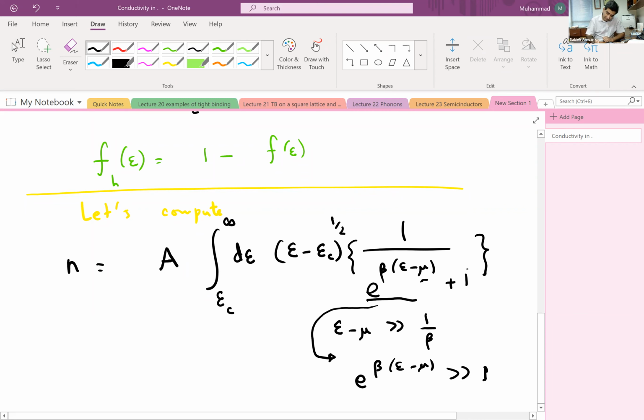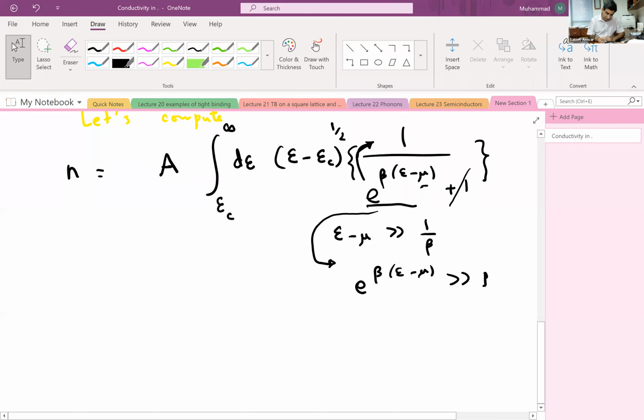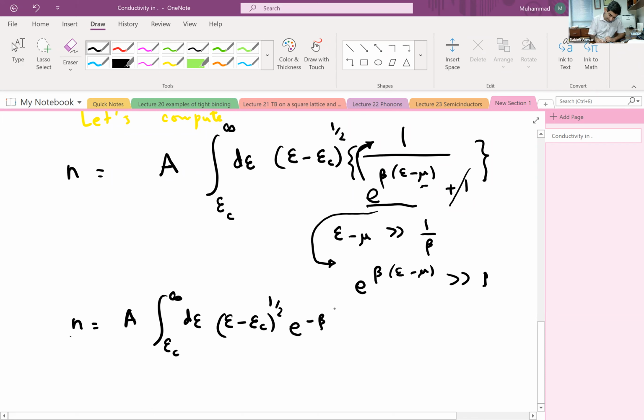So I can ignore the 1 and take this into the numerator. And I'm going to be left with N equals A, approximately.